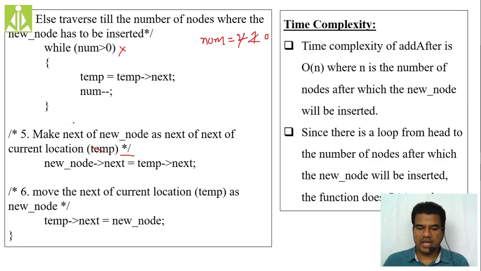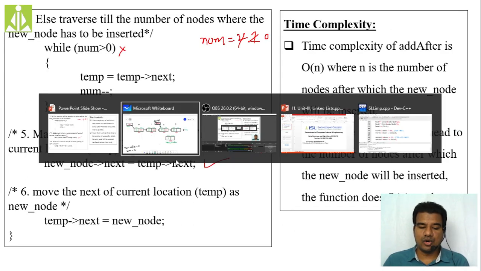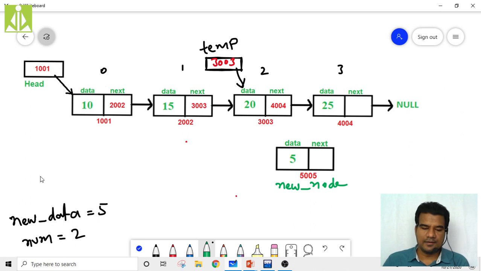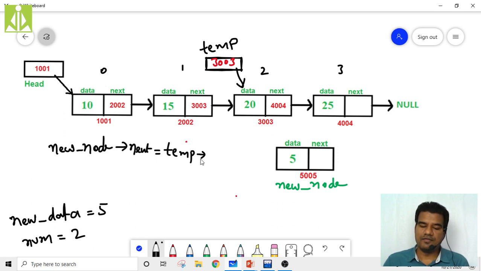So now next what we have to do? This statement you read: new_node of next equals to temp of next. I'm writing it over here. So this statement you analyze.